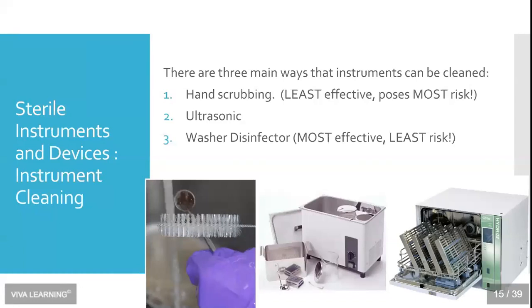These devices are the most effective and provide the least risk to dental personnel who are processing instruments. The reason is that you are handling instruments even less than you would in the other two methods. Instrument washers are very common with our Canadian colleagues and our European colleagues, and in the United States they are catching on as well.